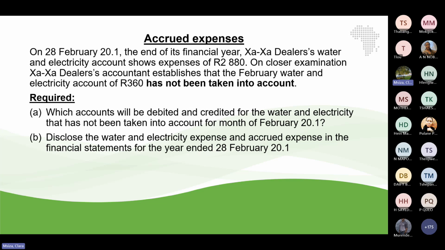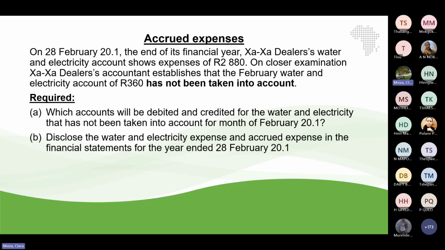Tata Dealers' water and electricity account shows expenses of 2,880. On closer examination, Tata Dealers' accountant established that the February water and electricity account of 360 has not been taken into account.